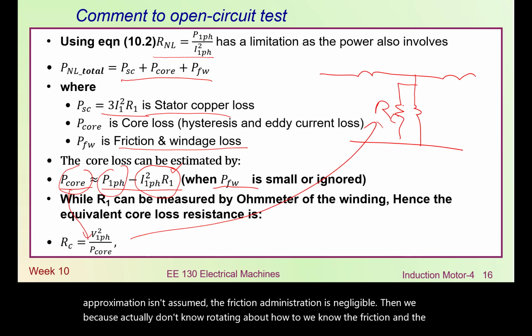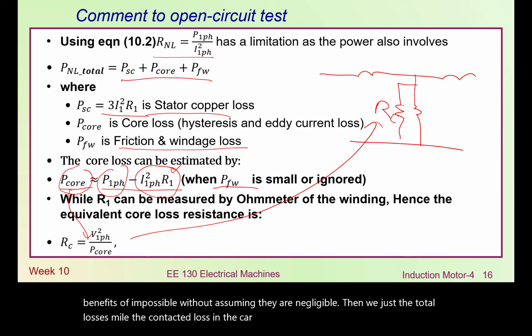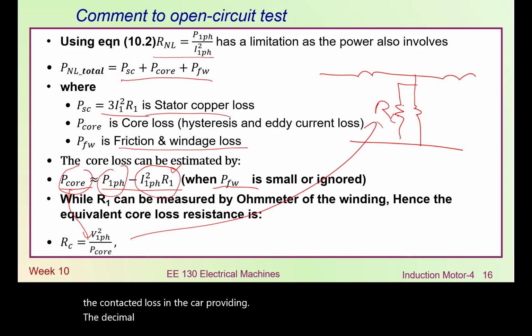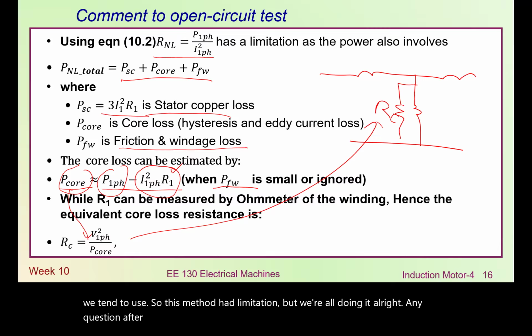Impossible. We just assume they are negligible, then we take the total losses minus the conductive loss in the copper winding, and this is the core loss. Then from the core loss, we estimate the core loss resistance. So that's the basic method we can use. This method has limitations, but we are all doing it. All right, any questions up to this point?